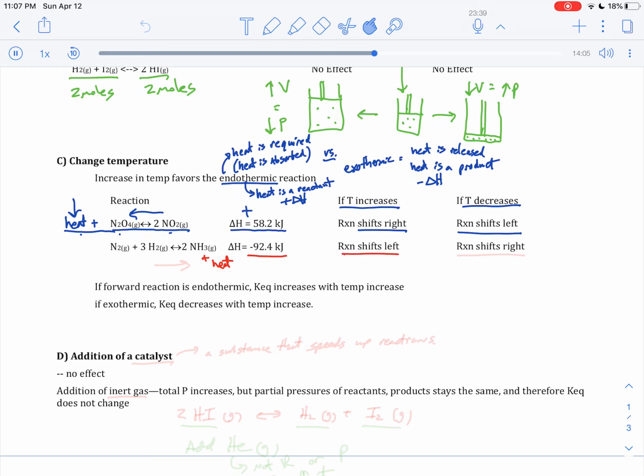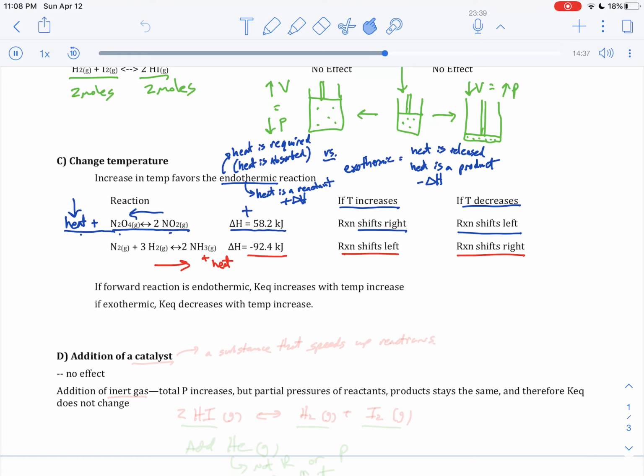If the temperature decreases, the system is going to try to replace the heat, and to replace it, it's going to shift to the right. All of these responses to changes in equilibrium are very much like a teeter-totter. If you have too much on one side, you have to move it over to the other side. Maybe that's a way that helps visualize this.